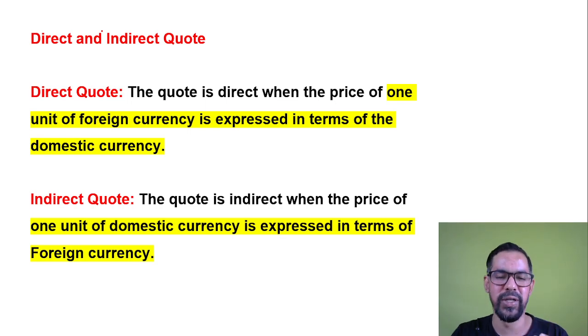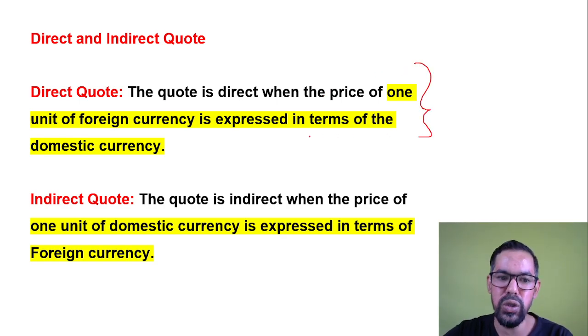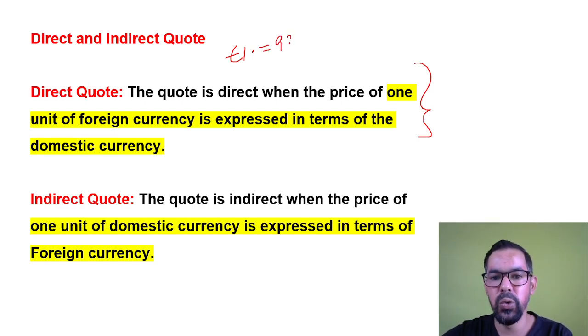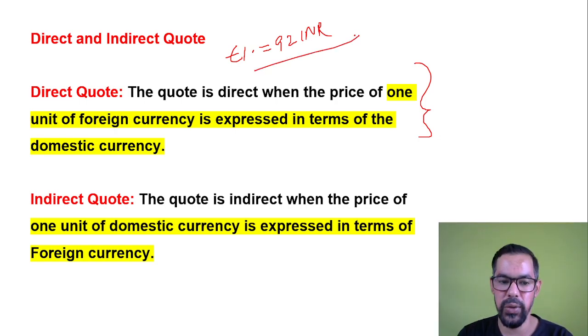Here you can go through the definition, you'll get more clarity. The quote is direct when the price of one unit of foreign exchange currency is expressed in terms of domestic currency. Let's say for 1 euro, you need to pay 92 rupees, 92 INR. So this is generally known as your direct quotation.